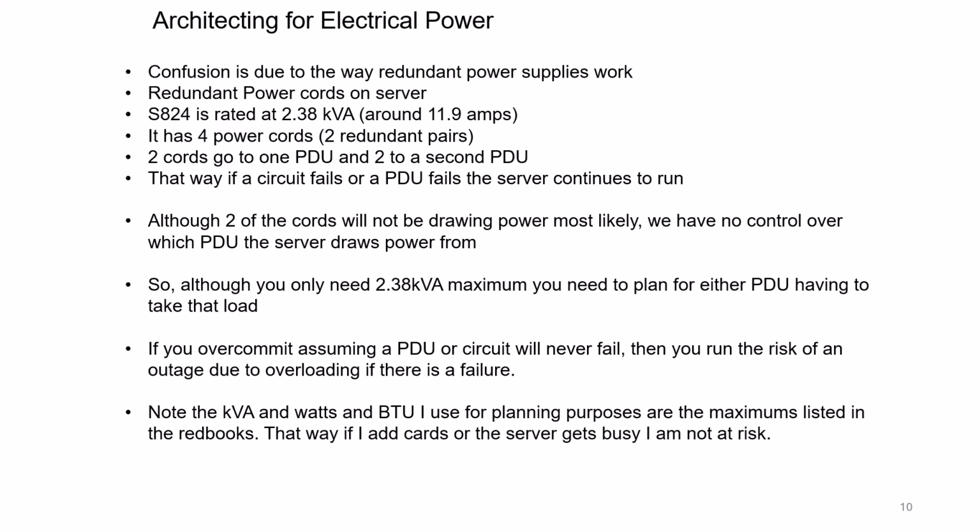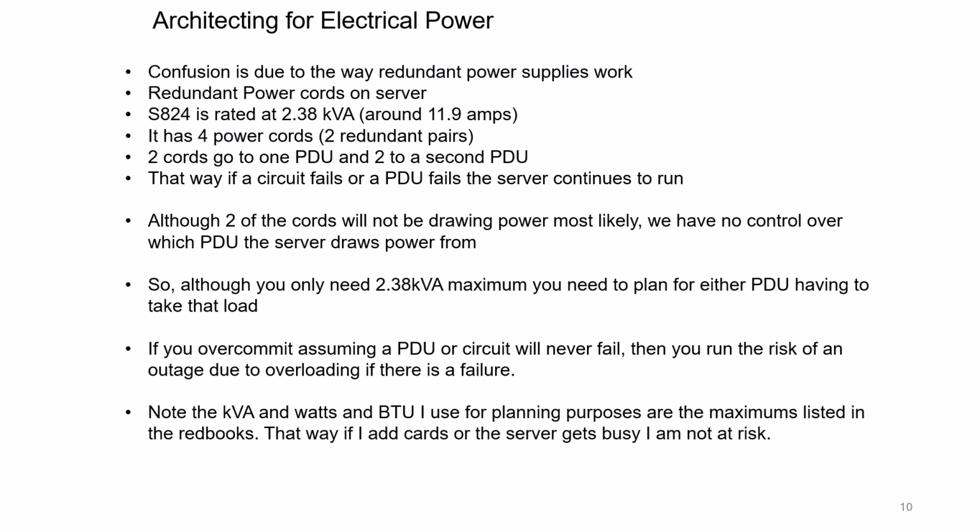And if you don't do that and a PDU or circuit fails, you can run the risk of an outage due to overloading. And I've seen fires, I've seen I/O drawers and servers just power off because there was a circuit failure and they went to draw all the power from 2 PDUs and it wasn't available. So when I use kVA and watts and BTUs for planning purposes, I use the maximums in the red books.